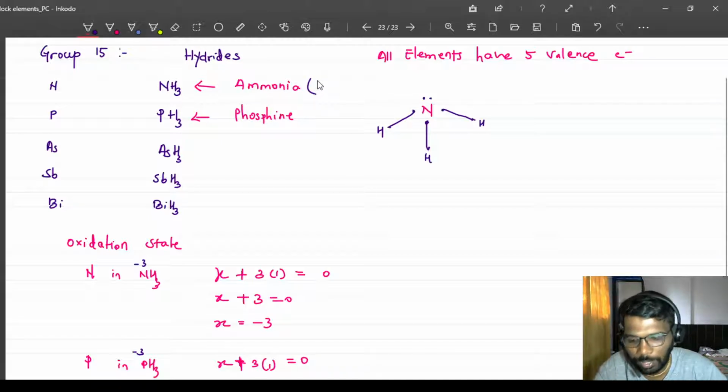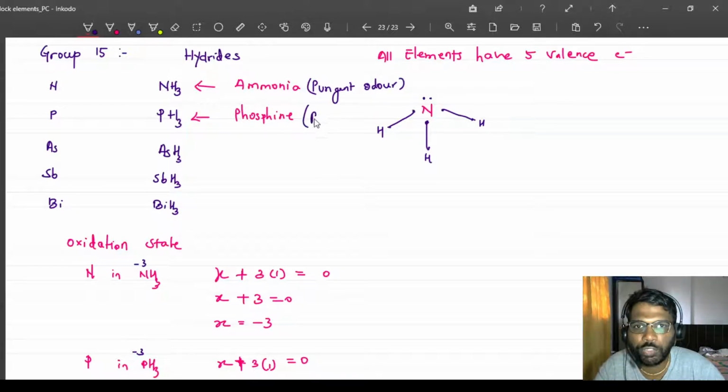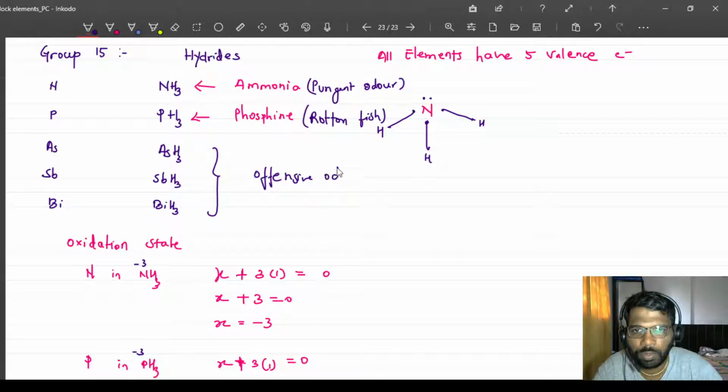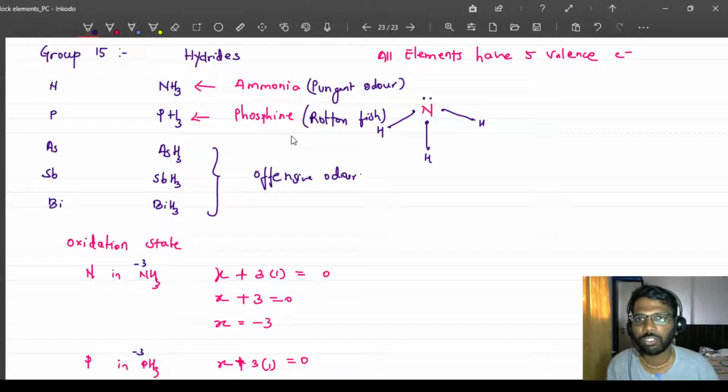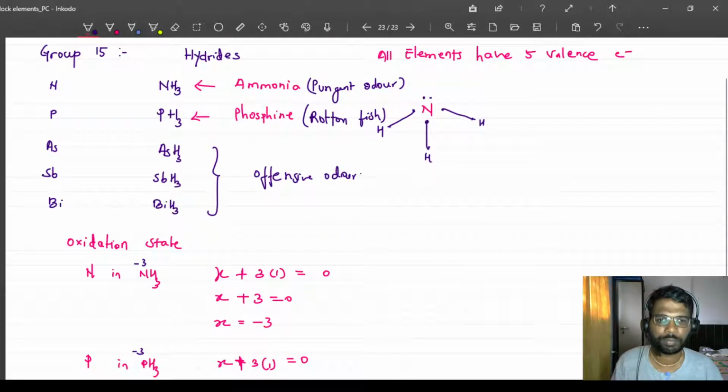With respect to smell, ammonia has a pungent odor. Phosphine has a rotten fish smell. These three also have an offensive odor. So these are the things about the hydrides of group 15.